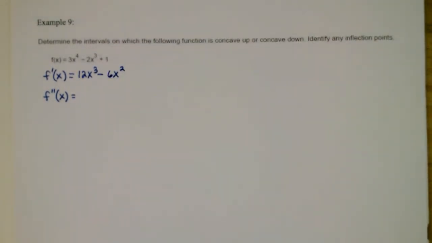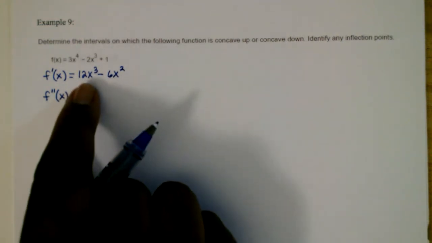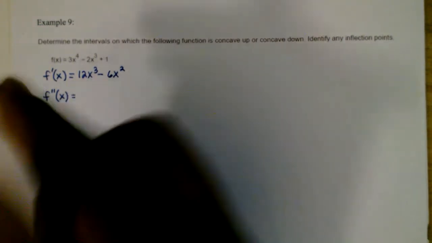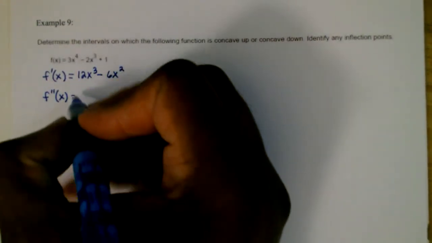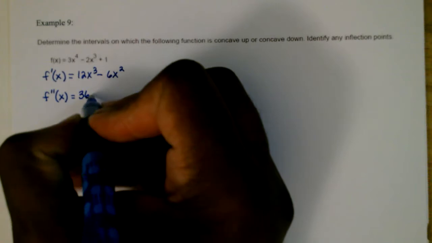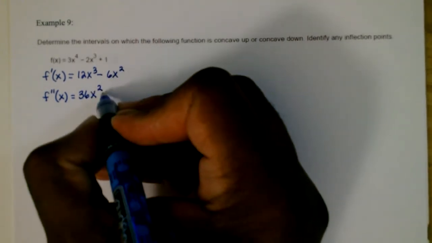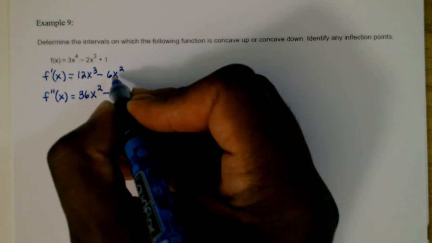Now we're going to take that to find our second derivative, which is, of course, the derivative of the first. So the derivative of 12x cubed would be, let's see, bring down the 3 multiplied by 12 would be 36. X to the 1 less power, that'll be 2, minus the derivative of 6x squared.